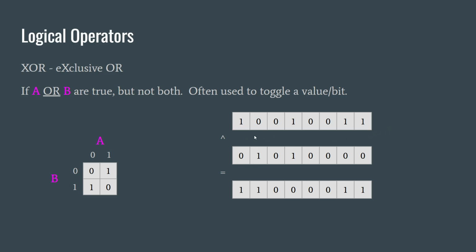So here we have this value, and we're going to XOR, the caret is the standard notation for a lot of languages for XOR, and we're going to XOR this value in. And so here we have a 1 and a 0, so this will become a 1 because one of them is set but not both. Same thing here, that's a 1.